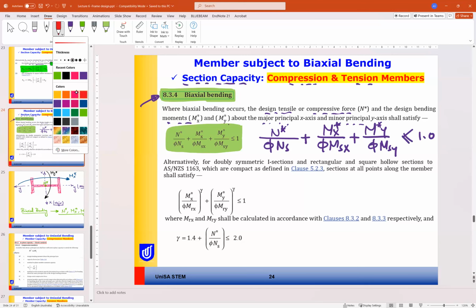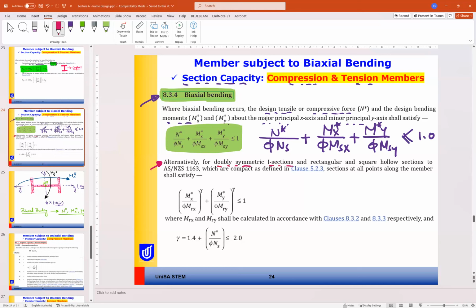Alternatively, for doubly symmetric I section and rectangular or square hollow section, if the section is compact again, you can use the formula here for compact section.